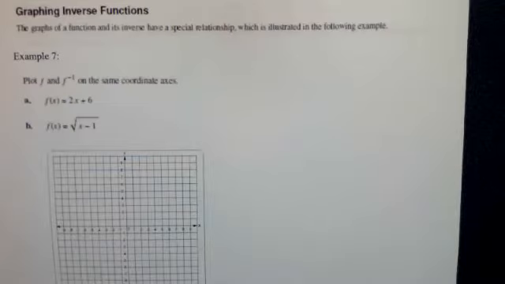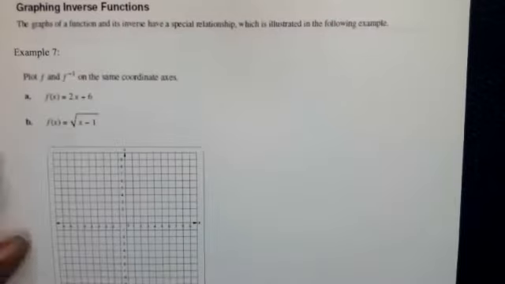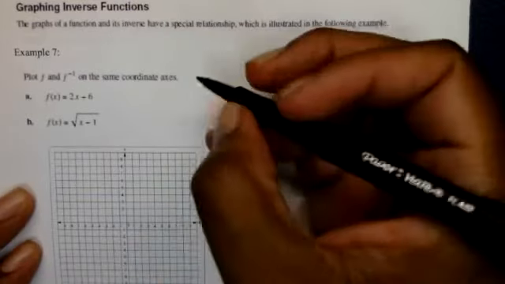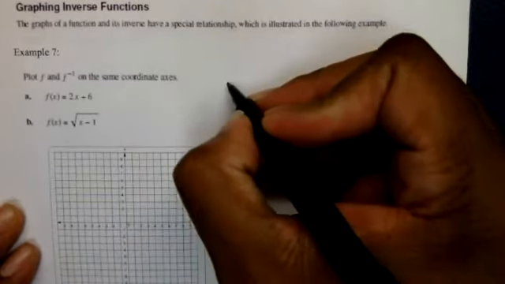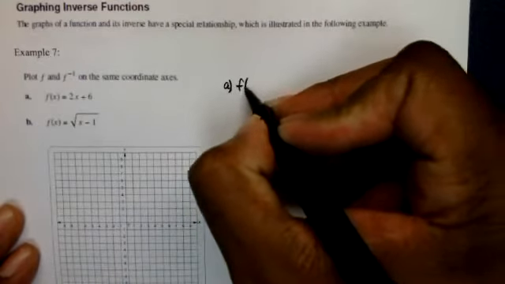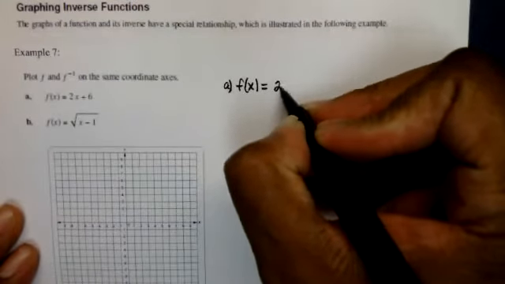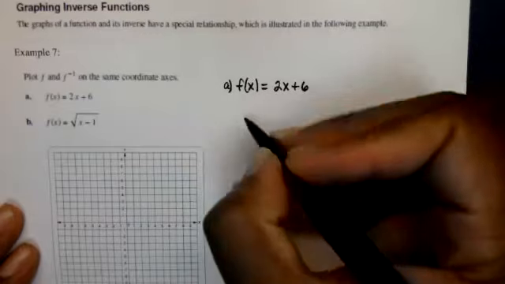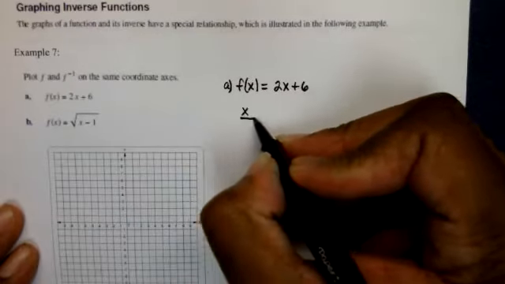So here, we want to plot f and f inverse of x on the same coordinate axis. Now, what I can do here is take f of x is equal to 2x plus 6, which is part A, and create a table of values here.